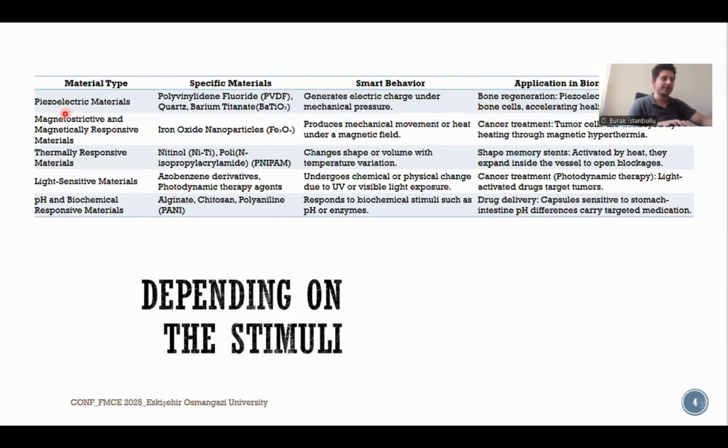For example, nitinol, a thermally responsive material, undergoes shape transformation in response to temperature change and is therefore used in the design of shape memory stents. Additionally, azobenzene derivatives, which are light-sensitive materials, undergo physical and chemical changes upon exposure to light energy and are employed in photodynamic therapy for cancer treatment.